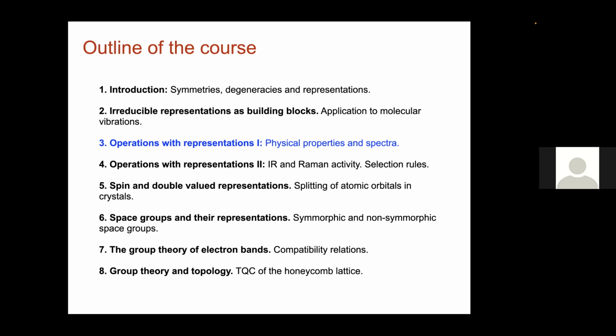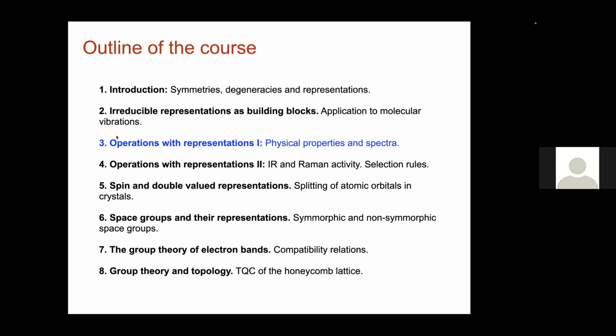I never proved that the dimension of any rep has to be exactly equal to the degeneracy, or that the multiplicity has to be equal to the number of frequencies associated to that rep. Okay, so today we are going to prove this in a practical example. If you want formal proof, you must go to the books. We'll do an example. If you understand the example, you really understand any proof that you can see on any book.